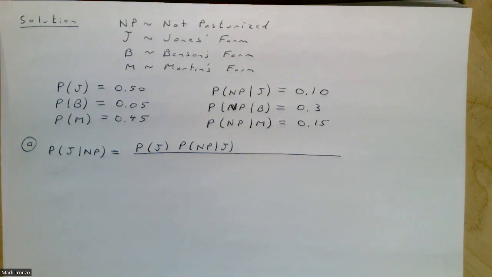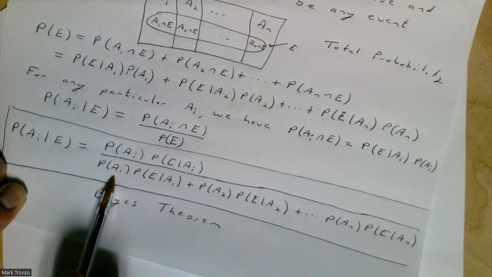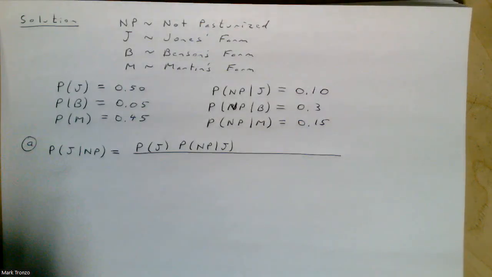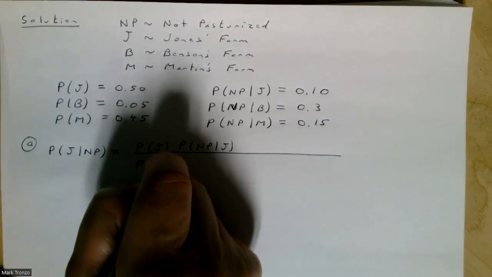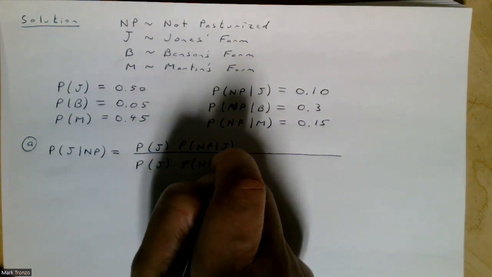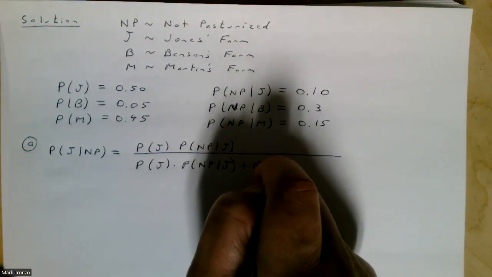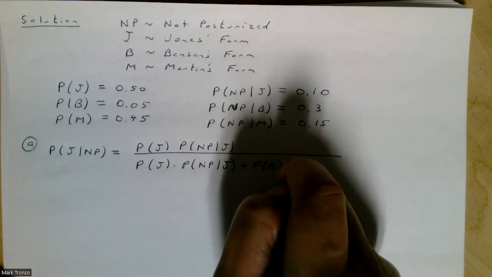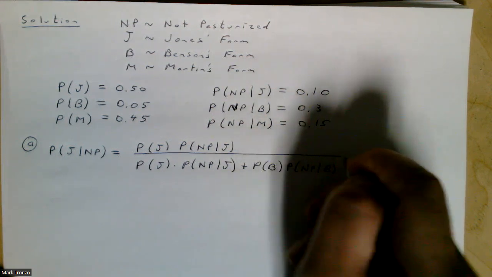And then remember the denominator, it's just all of these, probability of A1 times probability of E given A1, etc. So in our case, it's going to be probability of Jones times probability of not pasteurized, given it came from Jones, plus probability of Benson times probability not pasteurized, given it came from Benson.